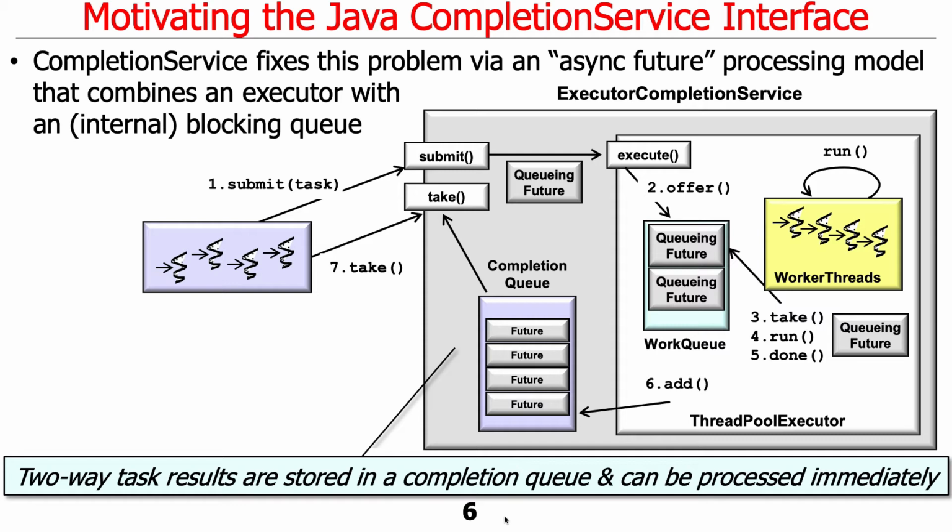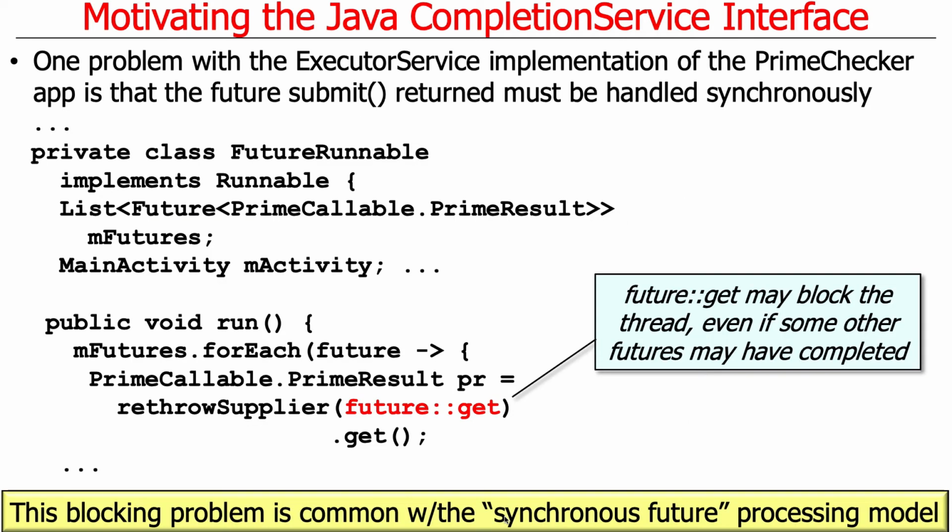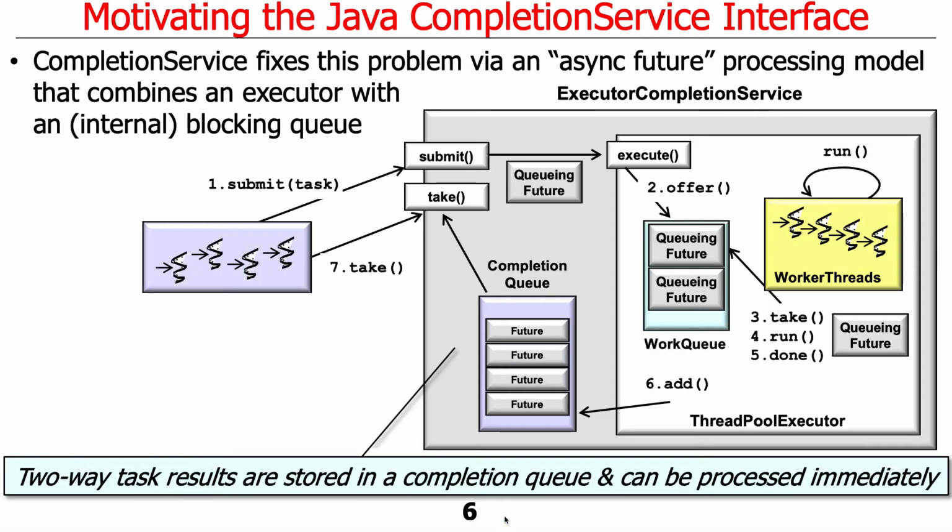So it takes the guesswork out of which item has finished, because it doesn't show up in the queue until it's actually done. So what we're kind of doing is moving the queue out of the application program, and moving it into the Executor Completion Service framework, and then we're only sticking things on the queue when they're actually done.